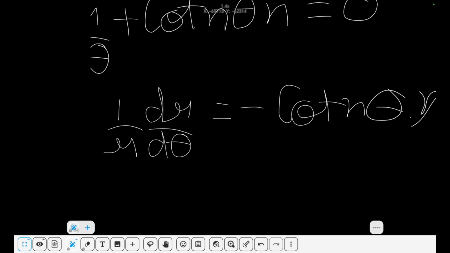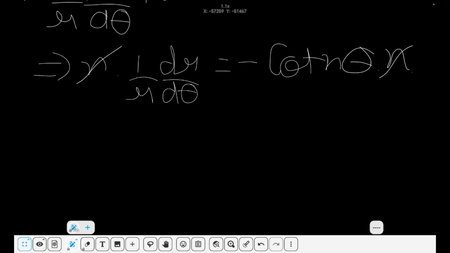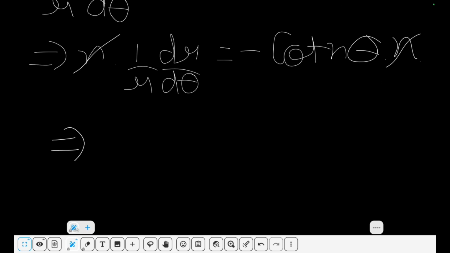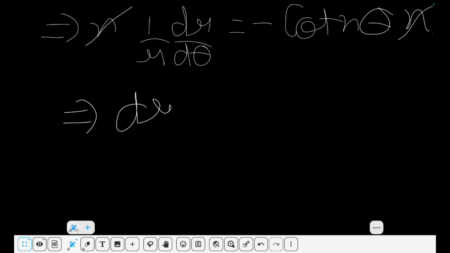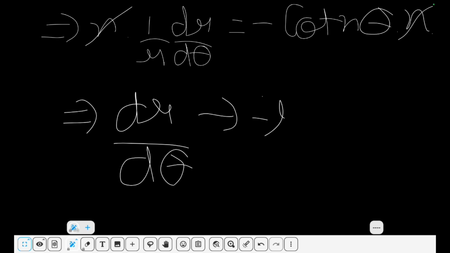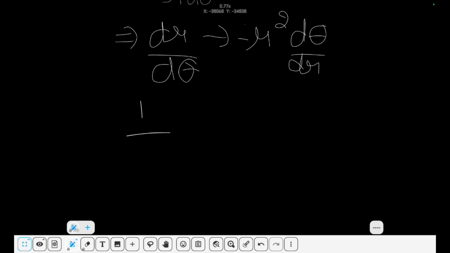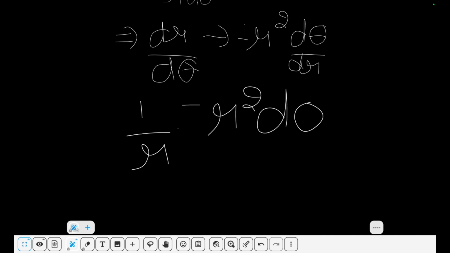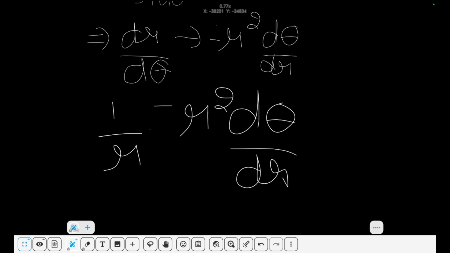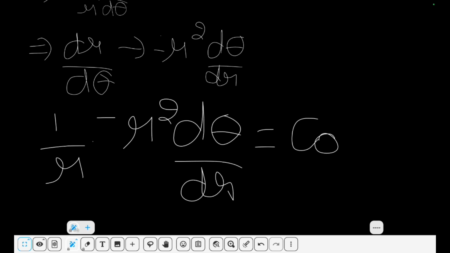Now I can cancel out n and n on both the sides, and replacing dr by d theta by minus r square into d theta by dr, that gives me 1 by r into minus r square into d theta by dr equals minus cot n theta.